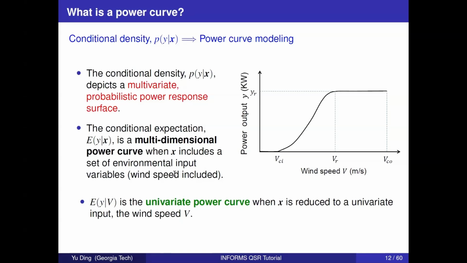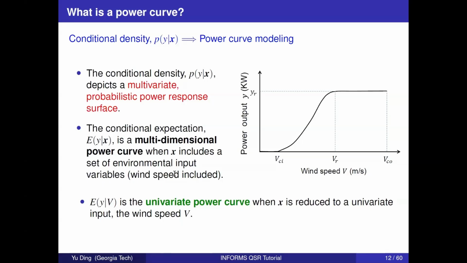So you simplify from that probability from multivariate to a single variate, right? If the probability is reduced to an expectation, it is still multivariate if the X includes a set of environmental variables, the wind speed included. But if you reduce the X to only wind speed alone, the expectation of Y conditional on X is the univariate power curve.